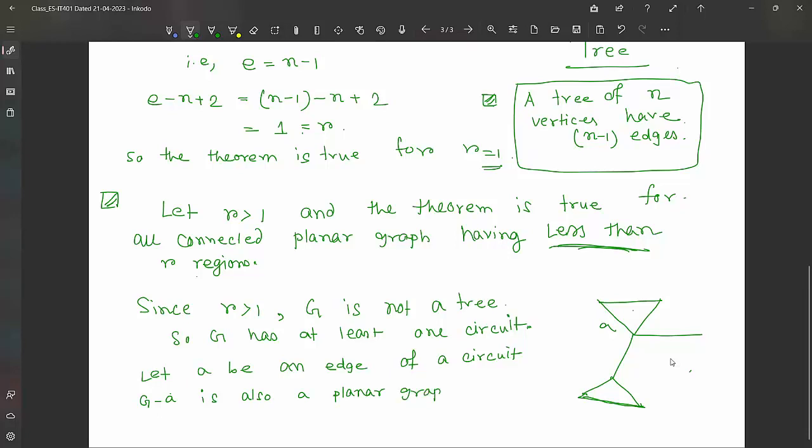Is it true? G minus A graph, it is a planar graph.